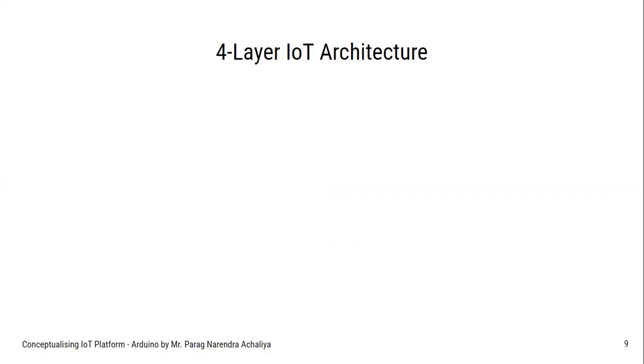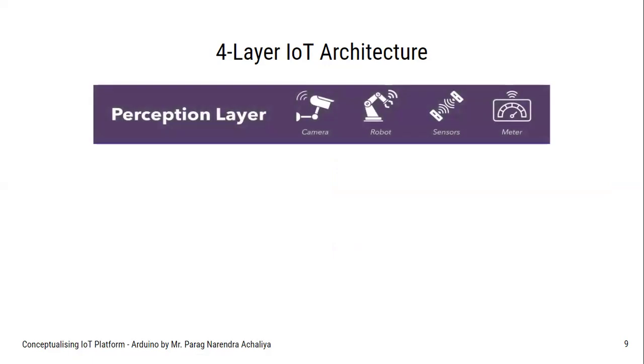Then moving towards the 4-layer IoT architecture. This IoT architecture has 4 layers. The first one is your perception layer. In this perception layer, there are some hardware components or devices like cameras, various robots, machines, sensors, and smart meters.